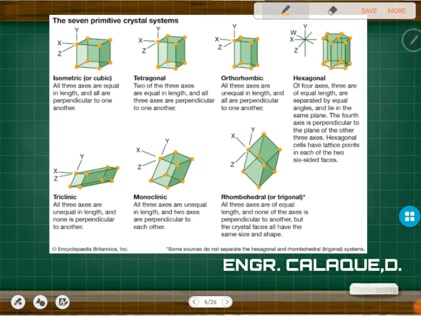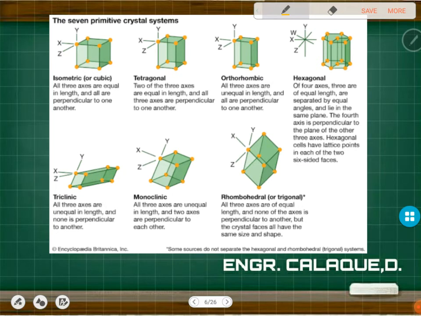So isometric is also termed cubic. All 3 axes are equal in length. Even its length, width, and height are all equal. We need to know this because in the calculations we will really use the crystallographic axes. So we need to be familiar with this. And all are perpendicular to one another.